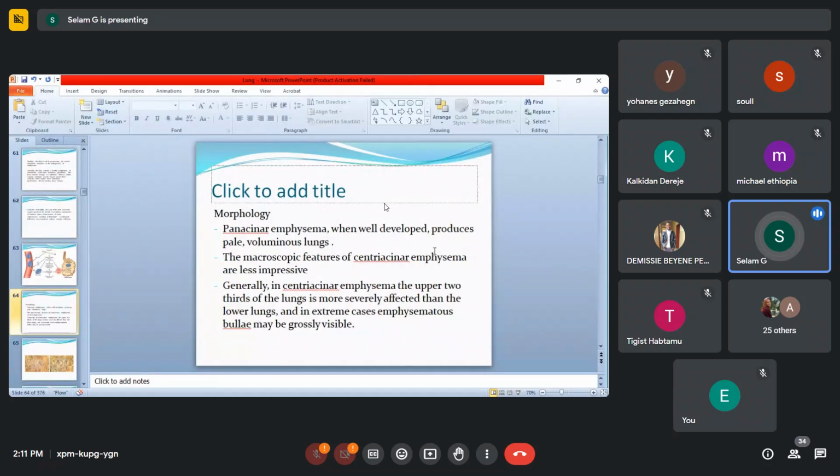Morphologically, panacinar emphysema, when well developed, produces a pale voluminous lung, and the microscopic features of centriacinar emphysema are less impressive.